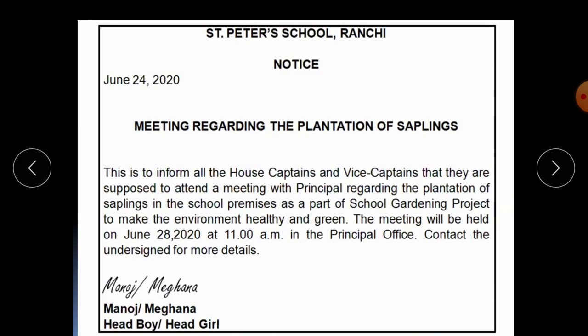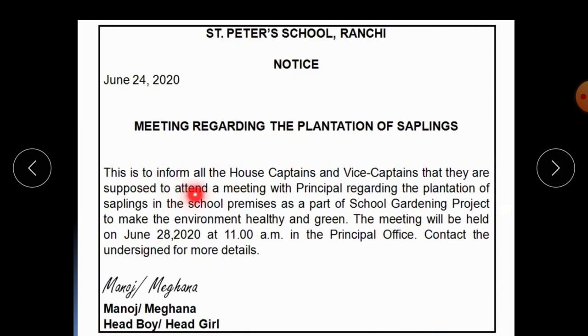It should also be in capital letters, beta. Then the date, and after the date, the heading: meeting regarding the plantation of saplings. A suitable heading should be there for the notice. Now, what should be there in the content?